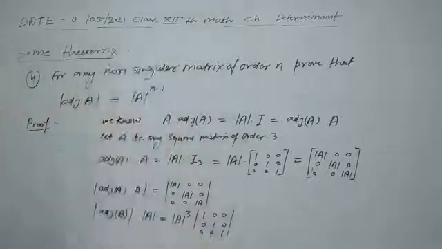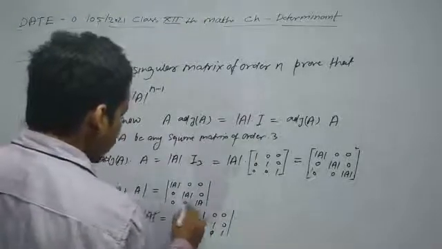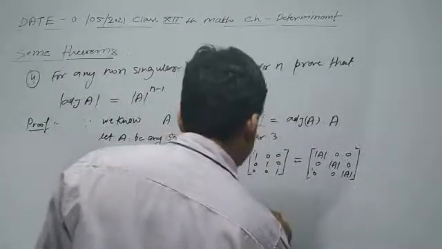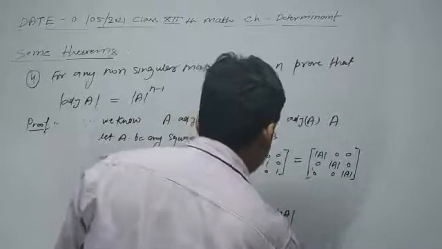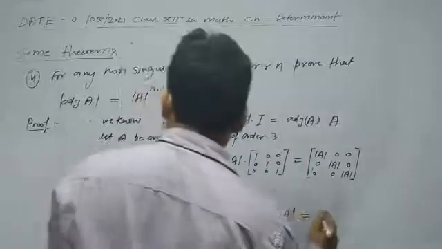The determinant of A cancels out once, and one power is left.